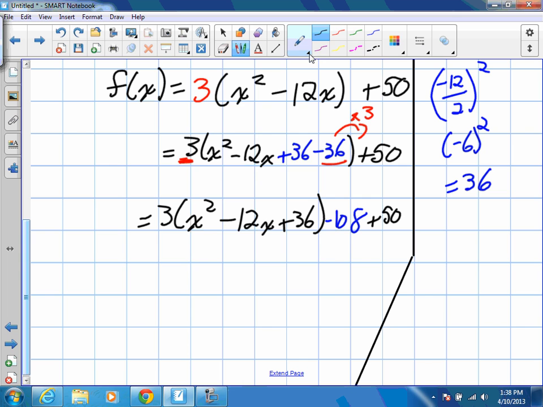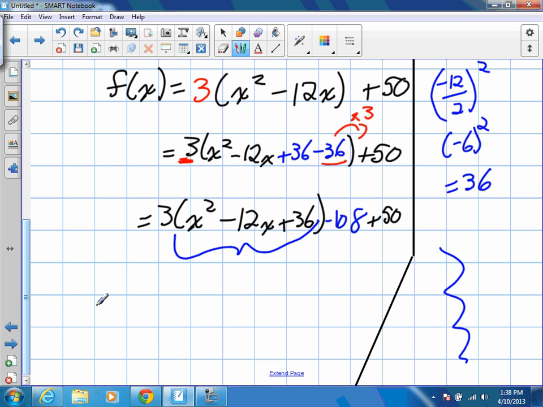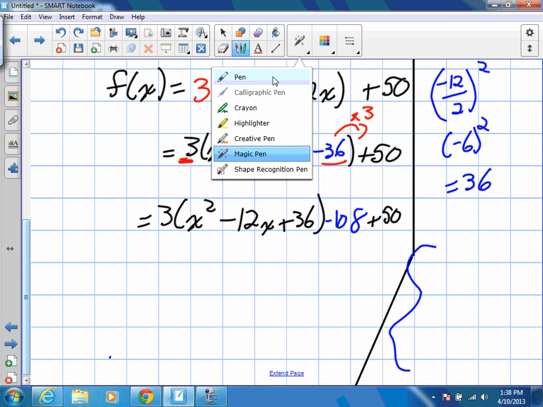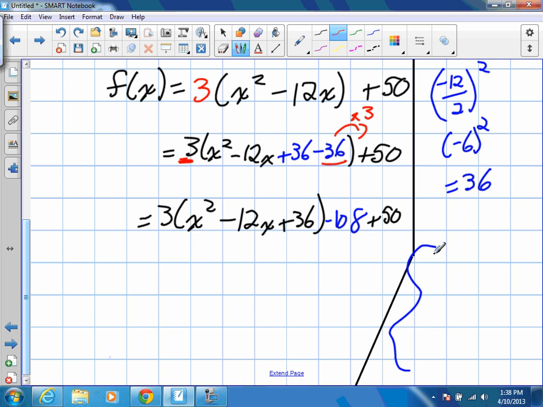Remember, in vertex form, we want two brackets that are the same, so they're written with a square. This is our trinomial. Now, I'm going to show you how to factor over here, and then I'm going to show you the shortcut. Because assuming we've done everything right, I can factor a perfect square trinomial very quickly. But I'm just going to prove that it's a perfect square trinomial over here. So we have x squared minus 12x plus 36. I take the factors of 1x, or just 1 and 1x. Factors of 36, well, we have 1 and 36, 2 and 18, 3 and 12, and I think 4 and 9 also go in.